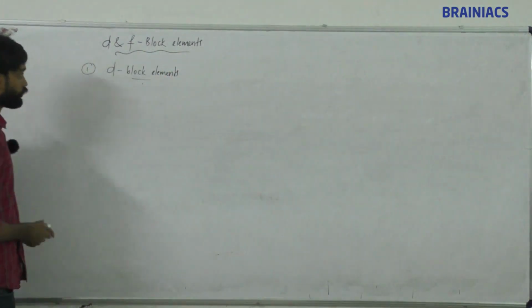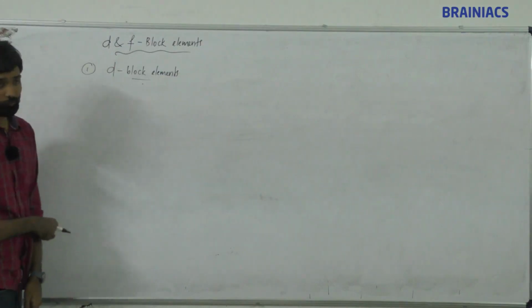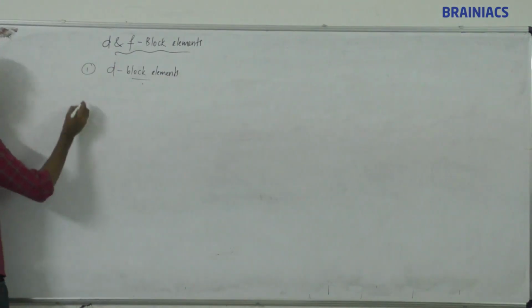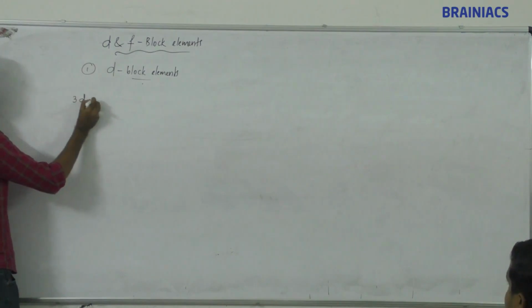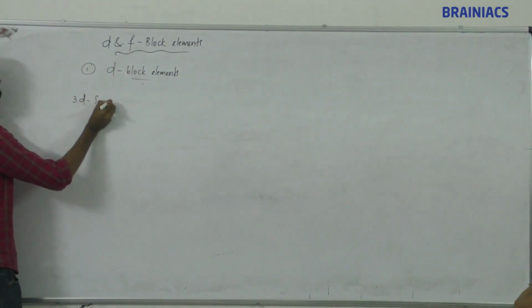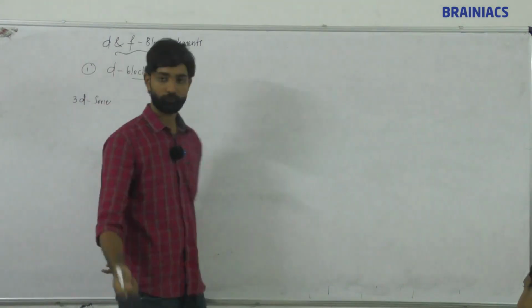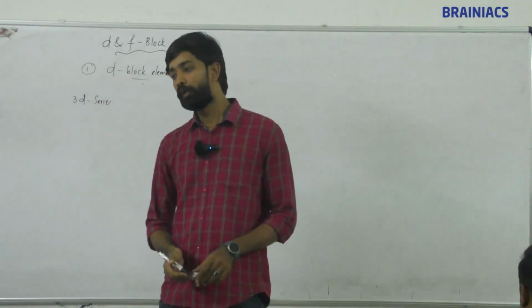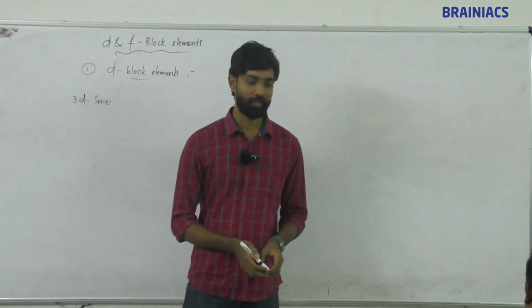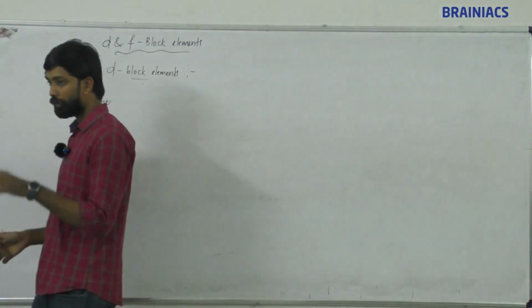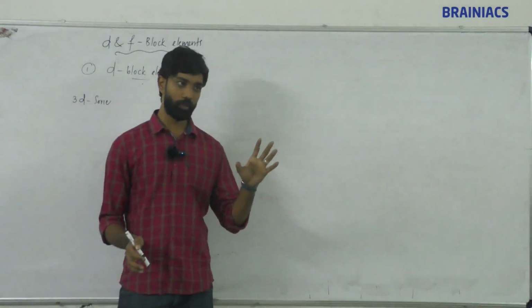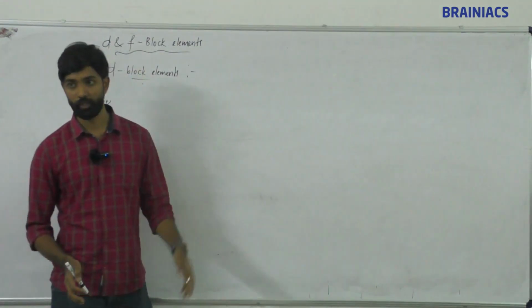So let me introduce the D block elements. There are 40 D block elements, which we call the 3D series. First point: an element is a D block element if and only if the last electron enters the penultimate D subshell.